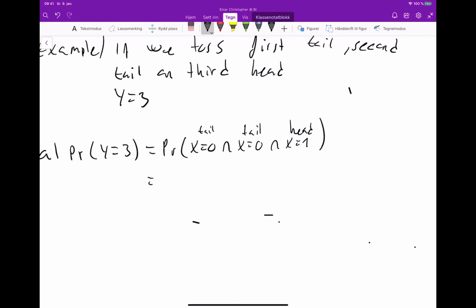And this is the same as the probability of x equal 0 times the probability of x equal 0 again times the probability of x equal 1.